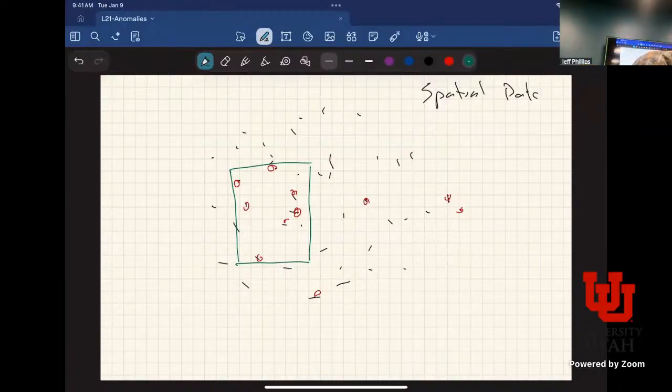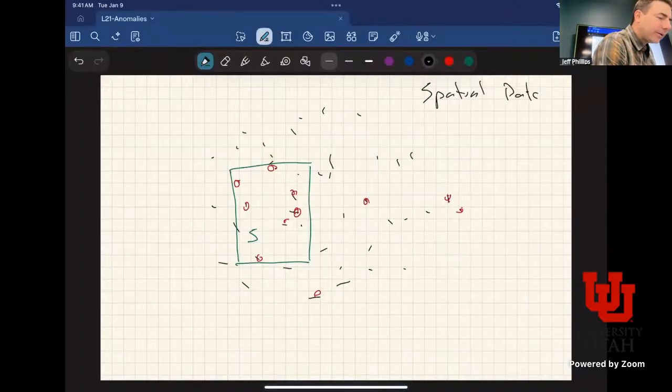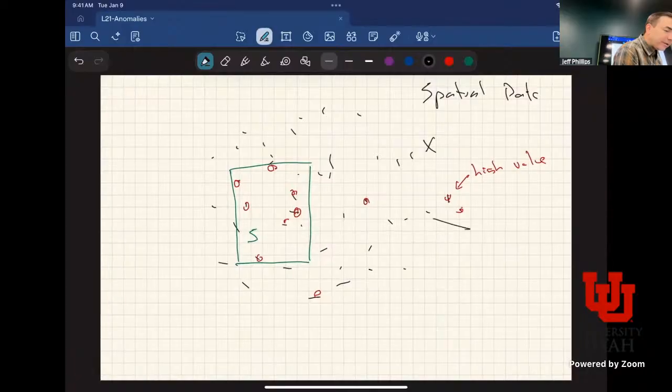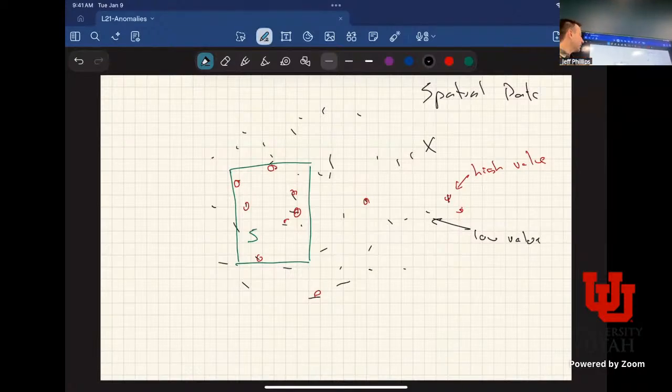Let's call this S. And so red, these have a high value. These have a low value. So I'd like to find this region S that's an anomalous region here. There's a bunch more high value points in this rectangle.